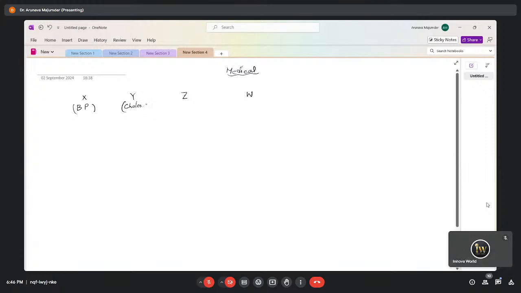I'm not writing the entire full name here. Z, suppose it is the weight, and W is the target or outcome variable, and let us suppose this variable represents whether obesity.